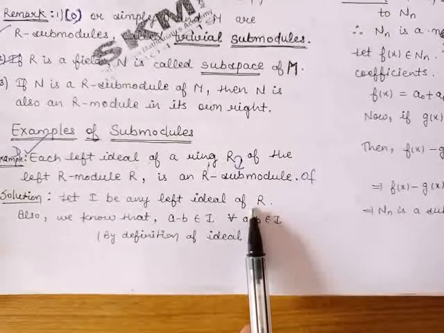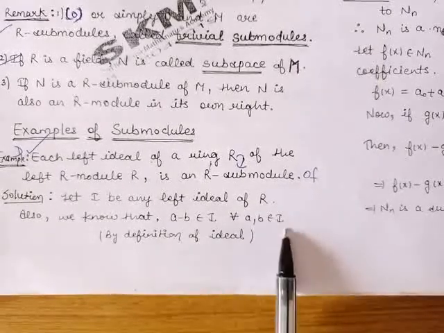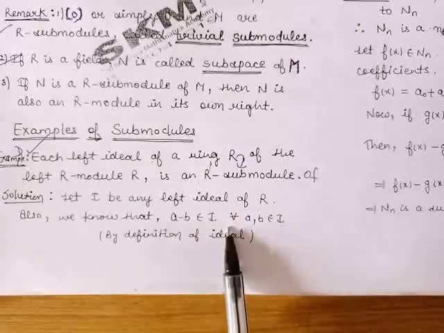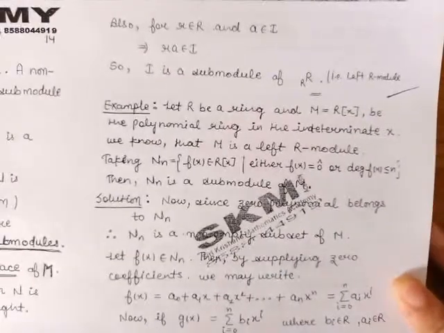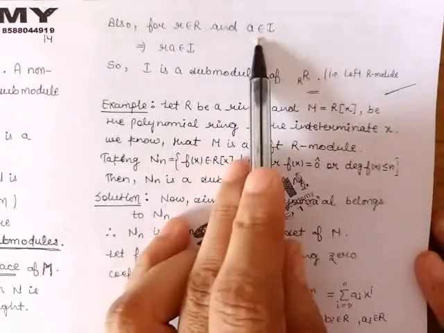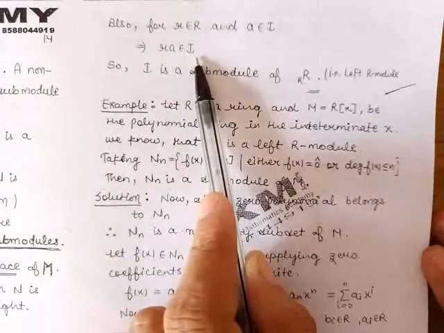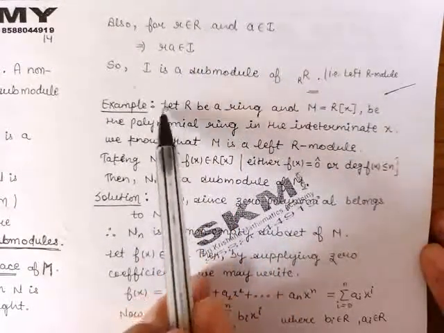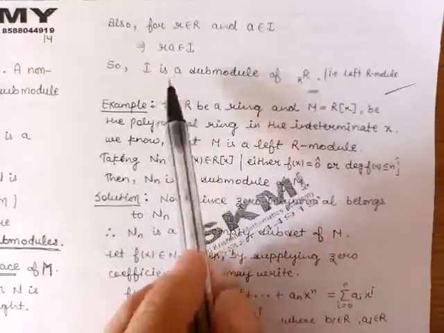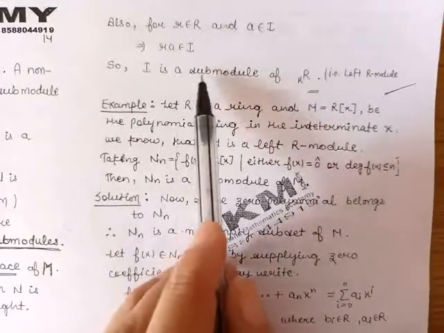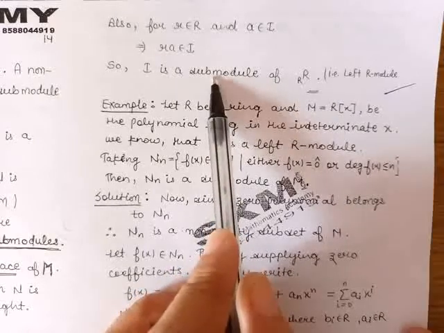By definition of left ideal, first condition, if we take two elements A and B from I, then A minus B belongs to I. And by the second condition of ideal, for r belonging to the ring R and a belonging to the ideal I, r times a belongs to I. So both conditions for being a submodule are satisfied by I. So we can say that I is a submodule of R. Here in the whole section, if it is not mentioned, we are considering submodule as the left R submodule.